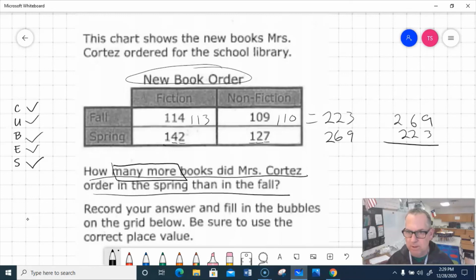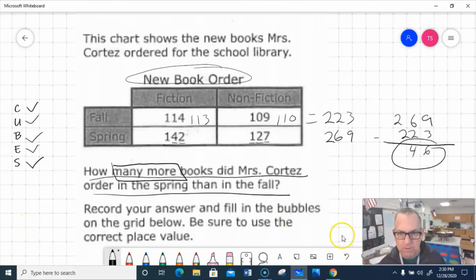So you had to reorder that there because we always put the big number on top when we subtract. 3 from 9. 3, 4, 5, 6, 7, 8, 9. That's 6. And then 2 from 6 is 4. And then 2 from 2 is 0. So that means she ordered 46 more books in the spring than she ordered in the fall.